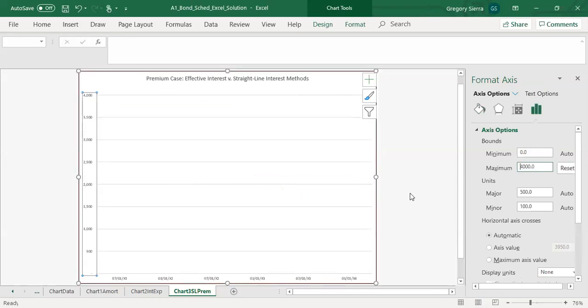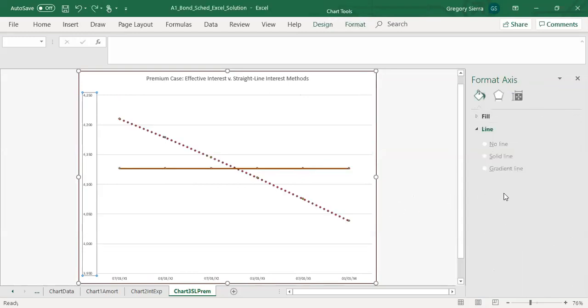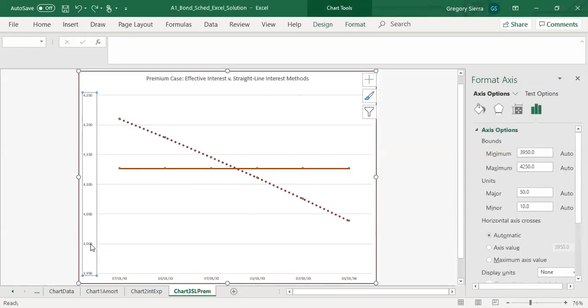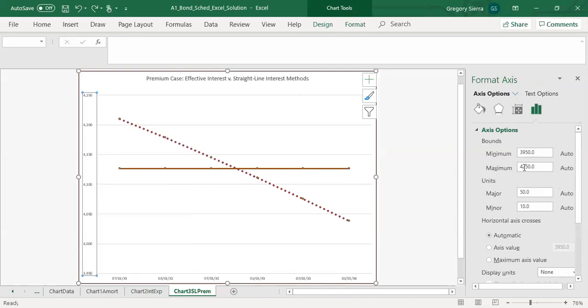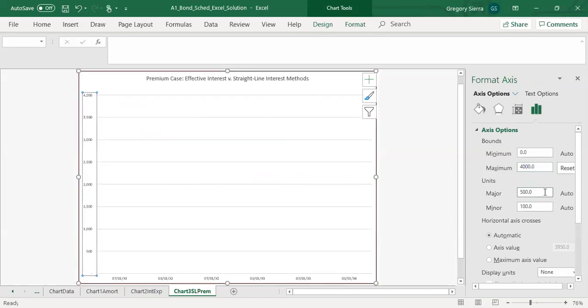Whoa. I'm going to go back on that, whatever I did. I don't want that. Must have put too many zeros in there or something. 4,000. Let's see how that looks. And, oh, no, that's not what I meant to do.